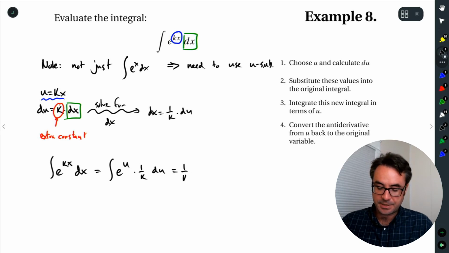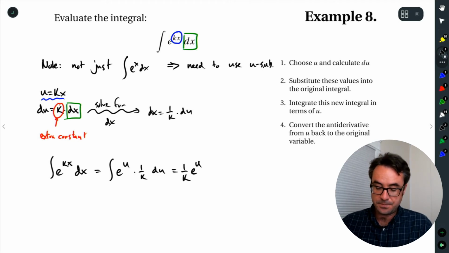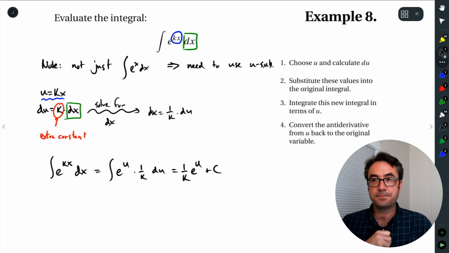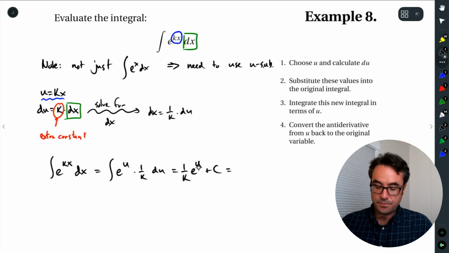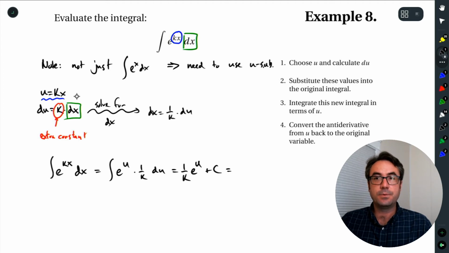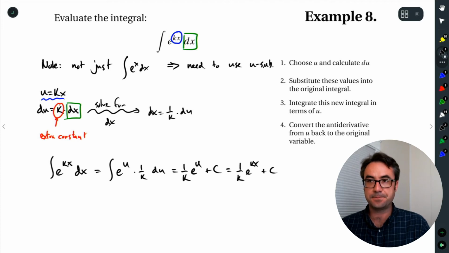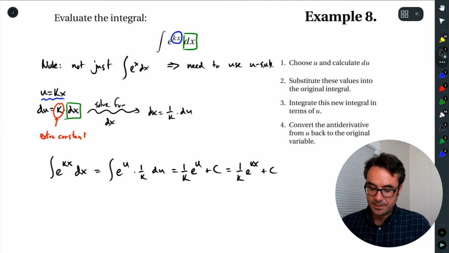The 1 over k is a constant, so we just put that in front. The antiderivative of e to the u is just e to the u. And then we have our plus c. And then we convert back to the original variable. So instead of u, we go back to k times x. So this is going to be 1 over k, e to the k times x, plus c. And so that's our antiderivative.